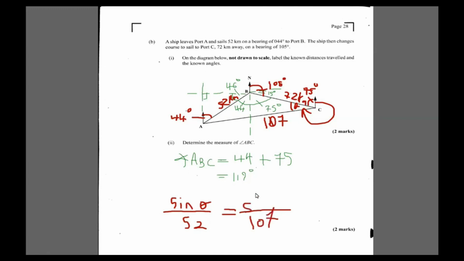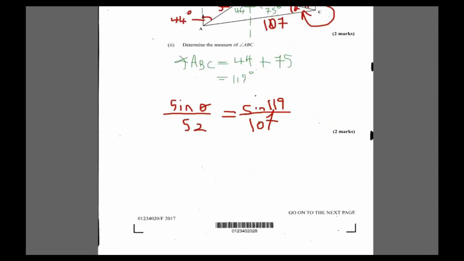Now that we know it is sine 119 over 107, all we need to do is transpose to make theta the subject. So we're going to eventually get that theta is equal to sine inverse of 52 times sine 119 over 107.